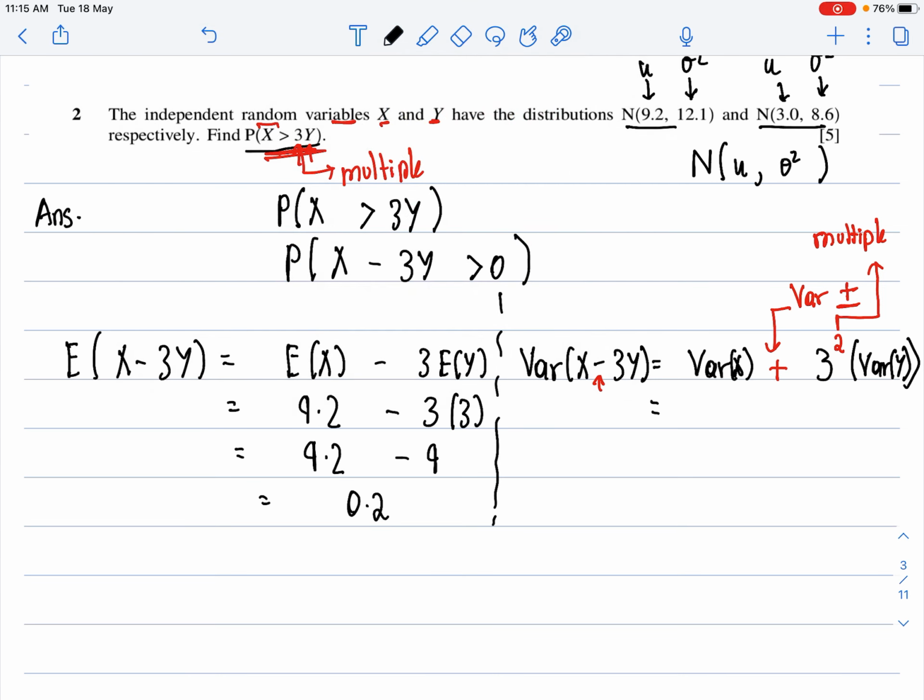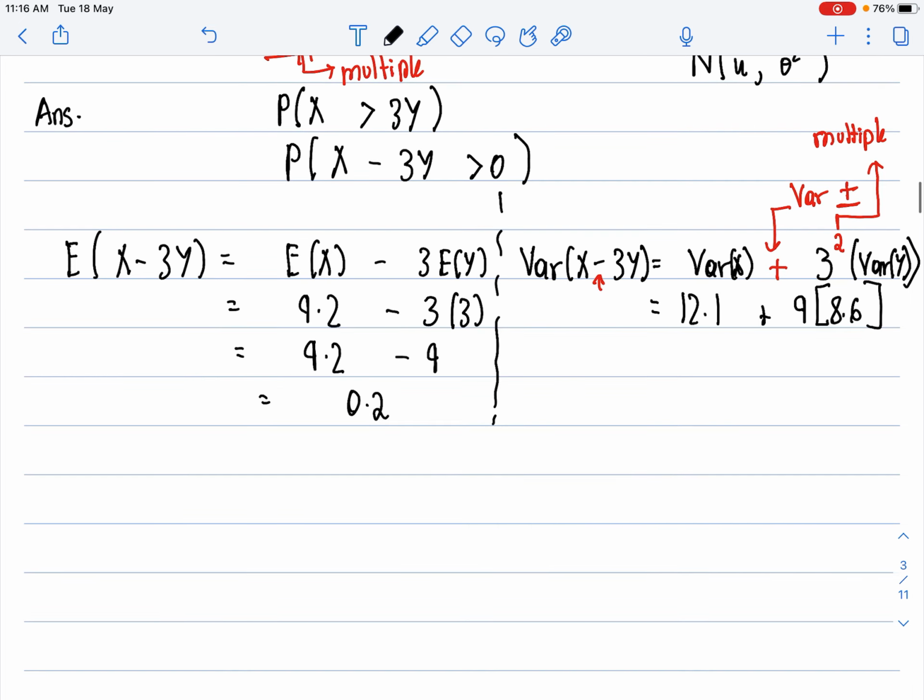So now the variance of x I know is simply 12.1 plus 3 square is 9 into the variance of y, which is 8.6. So I can write this as 12.1 plus 9 into 8.6. Just do it in the calculator, 9 into 8.6 gives me 77.4.